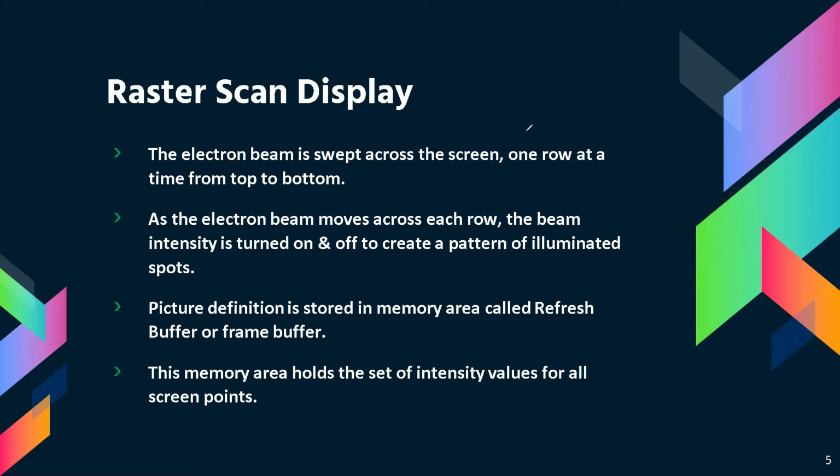As I said, the electron beam is swept across the screen one row at a time from top to bottom. As the electron beam moves across each row, the beam intensity is turned on and off to create a pattern of illuminated spots. Picture definition is stored in a memory area called the refresh buffer or frame buffer.